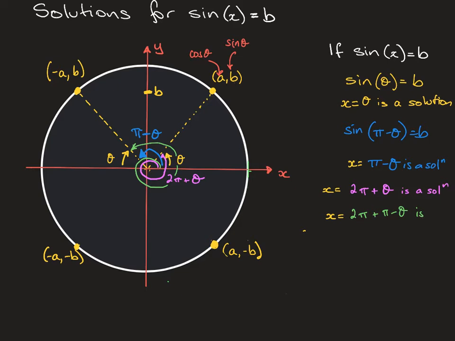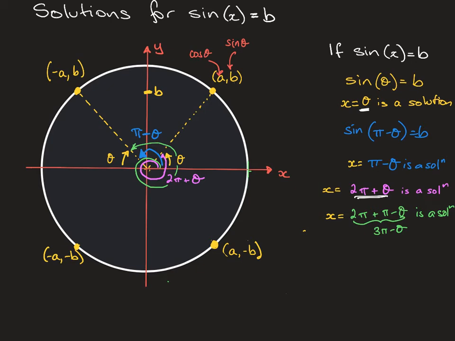Can you start to see a pattern? We have theta as a solution and theta plus 2 pi as a solution. The next revolution around, a complete cycle added on to pi minus theta, and if we go around the circle again, we're just adding another 2 pi onto this solution. So we have a pattern.